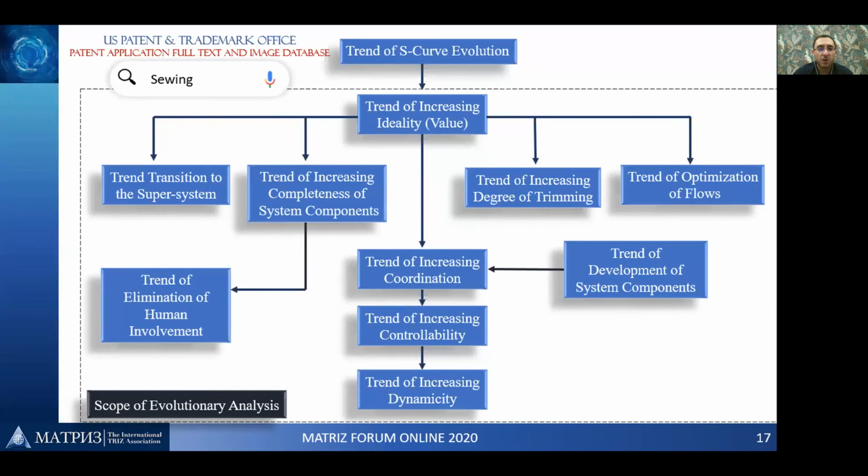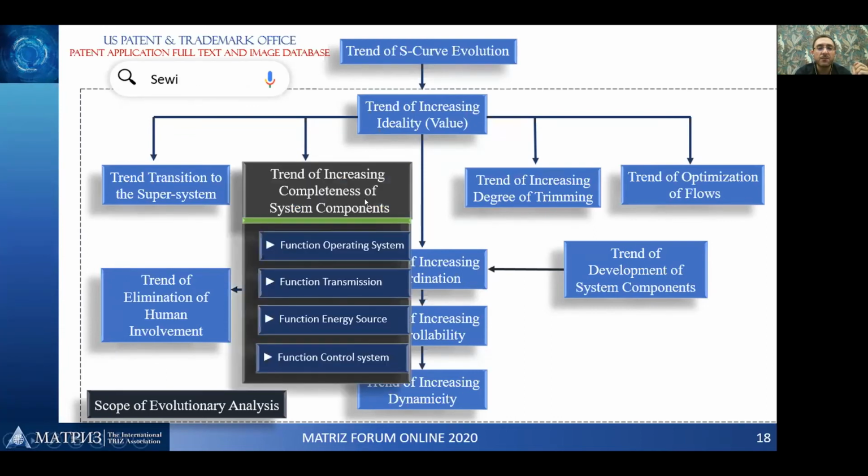To illustrate our idea, let's say this is the sewing machine in USPTO. Originally, there are over 3,000 patents there, but to examine our idea, we selected 20 patents randomly. When we select the trend of increasing completeness of system, we would like to find out how many of those patents belong to this OTEC.